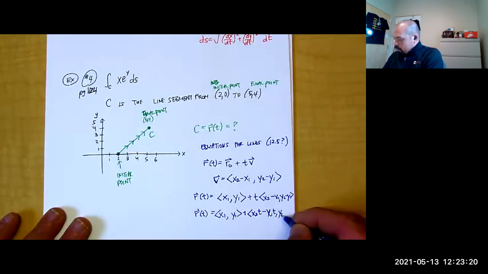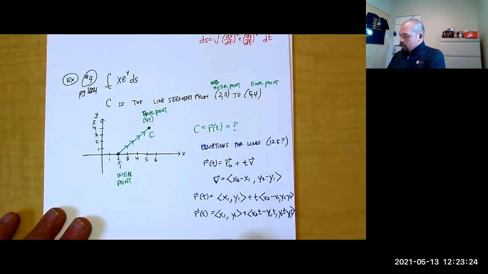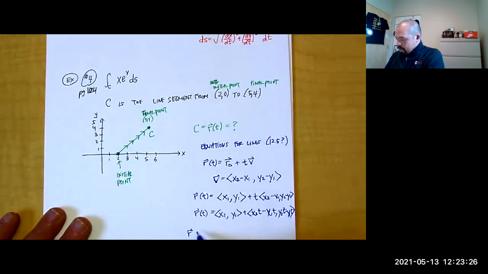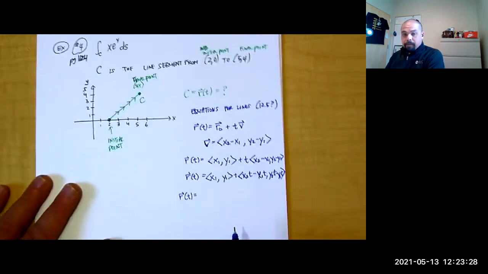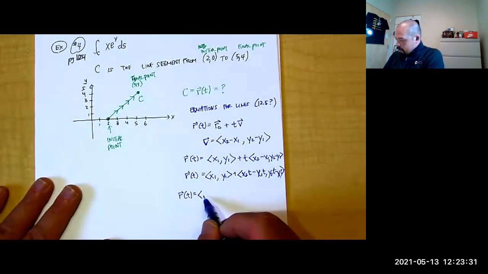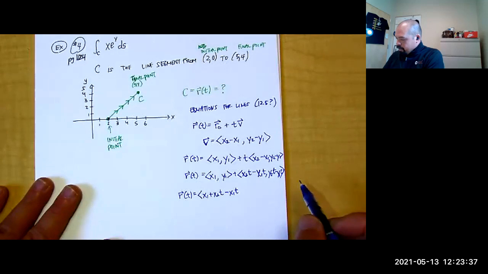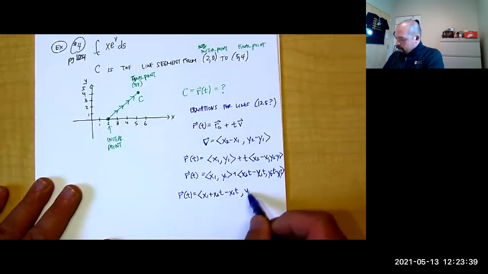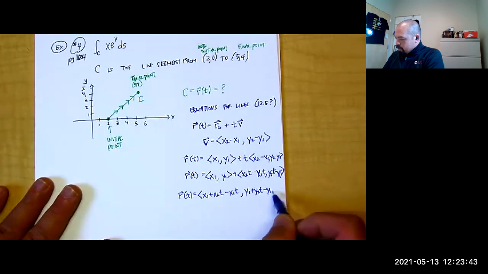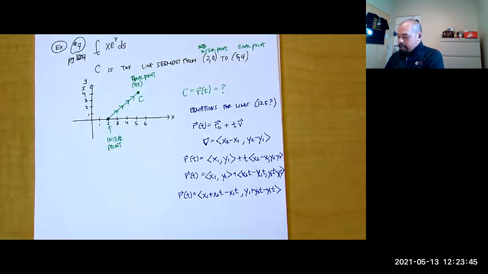And again, I know it's a little bit jumbled here. My apologies. Adding here, x sub 1 plus x sub 2 t minus x sub 1 t, y sub 1 plus y sub 2 t minus y sub 1 t.